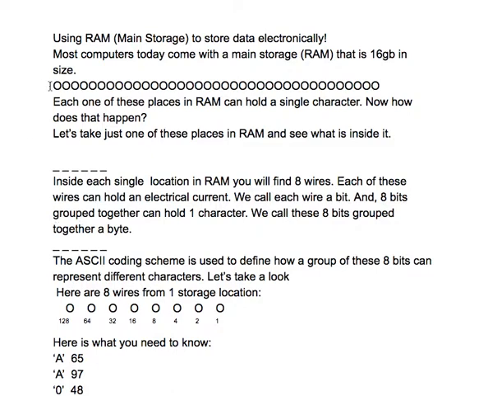So inside each one of these storage locations, you're going to find 8 tiny wires. Each wire can hold electricity or not hold electricity, and we call each of these wires a bit. 8 bits grouped together is a byte, and you can store one character in a byte.